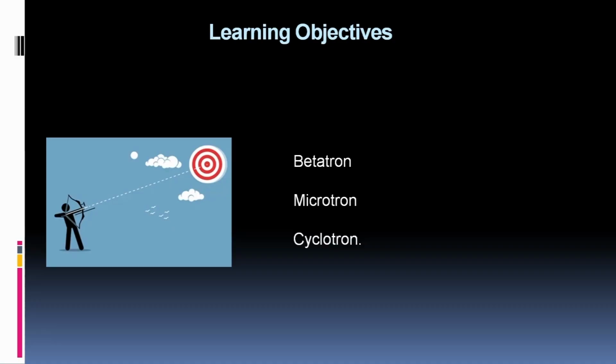In this lecture we are going to discuss the betatron, microtron and cyclotron. The learning objective of today's lecture is to discuss the functioning, principle and working of the betatron, the microtron and the cyclotron.